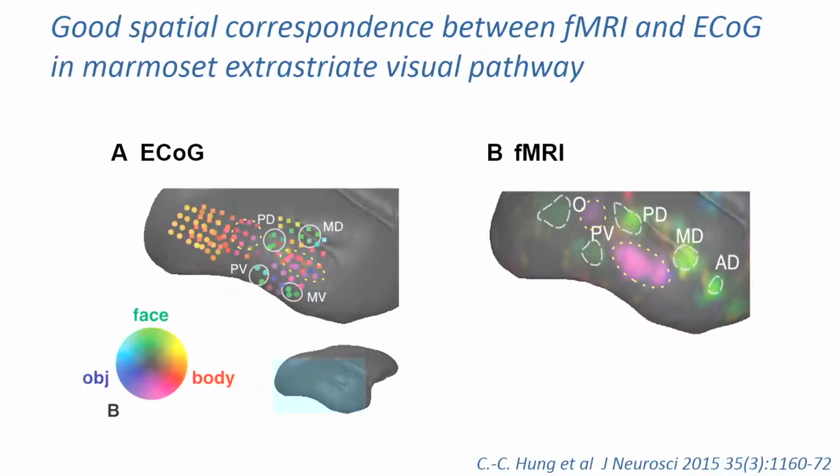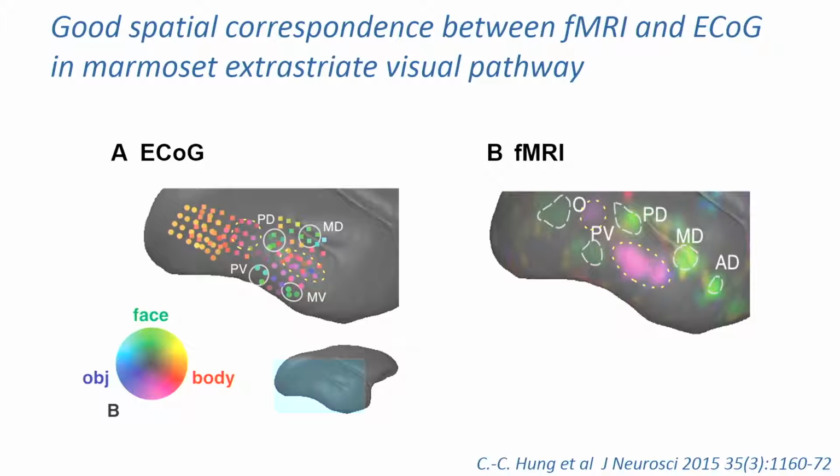And you can do this color coding, and what we have here, according to the wheel, is that you have the higher degree of selectivity again when you go from the occipital areas to the most anterior areas. But once you get here in the most anterior areas, you have really this cluster of sites that respond mainly to faces, while there are other clusters of sites that respond either to body or to objects in between them.